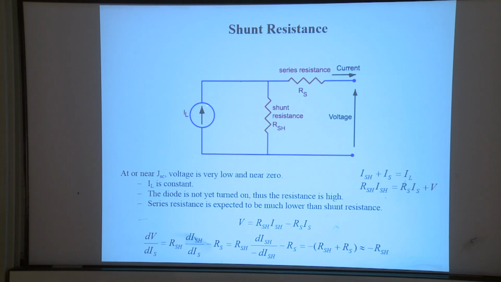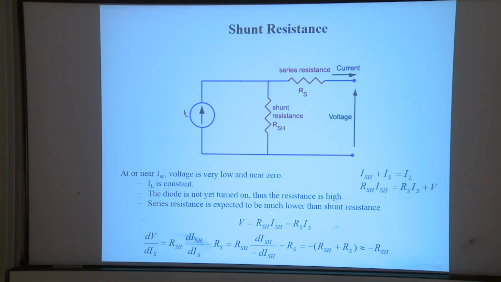So you can reduce the circuit to this one. What will be the current, the photocurrent, going through? It goes through this way and not through that way, because no current goes outside. So the current through the shunt resistance plus the series resistance will be equal to IL. And this is the voltage relationship.